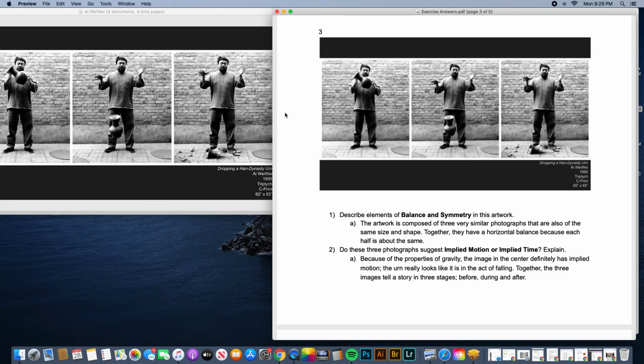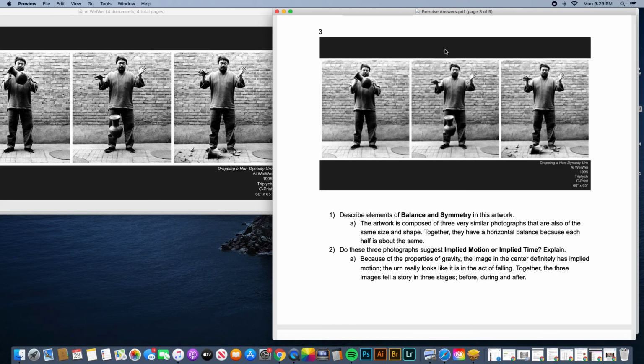Together they have a horizontal balance because each half is about the same. Again, this answer is straight to the point. There are potentially other answers that would work as long as you can back it up.